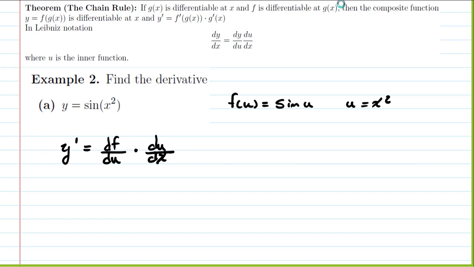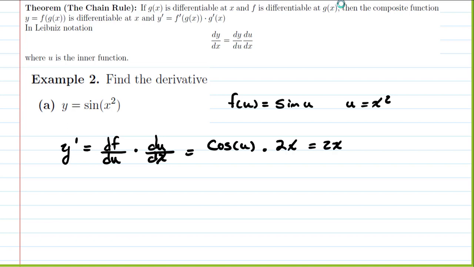Now I have f of u up here, so what's the derivative of f with respect to u? What's the derivative of sine u? Well, the derivative of sine is cosine. So we get cosine u times, now we're done with f, we look at u. What's the derivative of u with respect to x? So du dx, well, the derivative of x squared is going to be 2x.